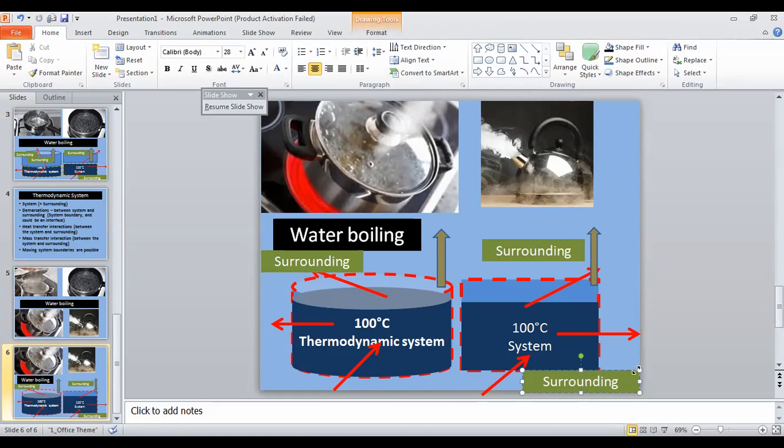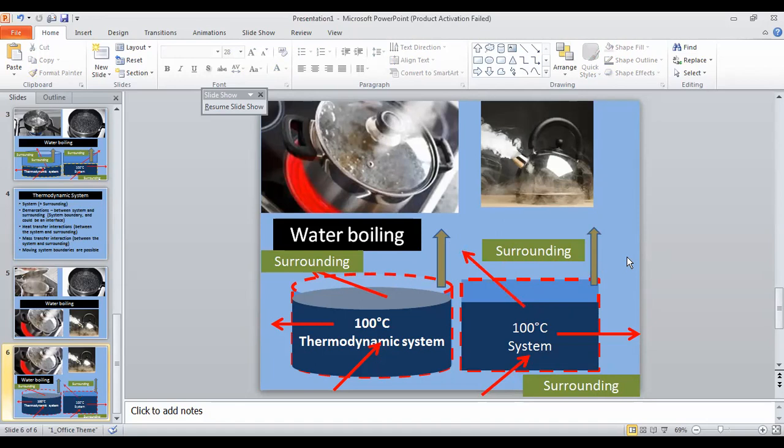Even see the free boiling with open on top, or this nature of this is the closed one. So you can see the system boundary changed.